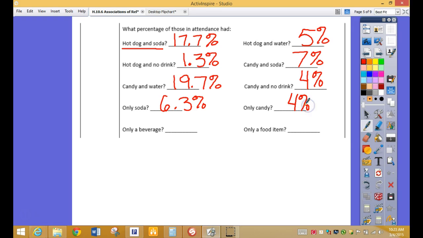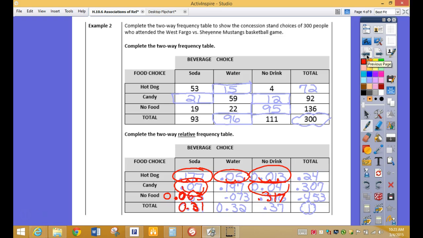Now these last two are a little bit trickier. How many had only a beverage? I'm going to go with 13.6%. How did that correct answer come about? They only had a beverage. So can we go with anybody with no drink? No. So no food. If they didn't have a beverage, only a beverage. So it's no food, so they only had a soda. It would be this one, right?